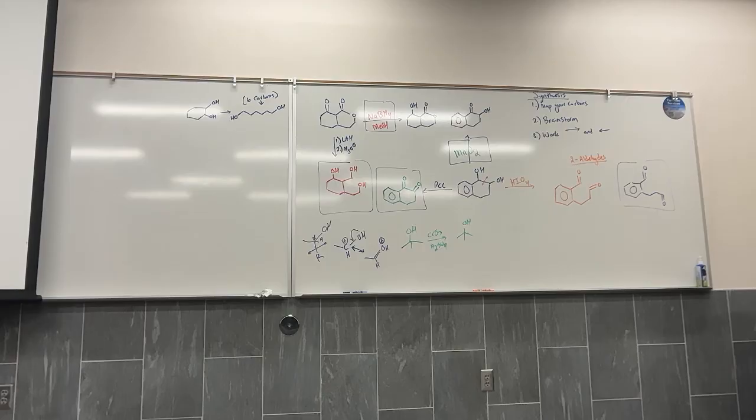First, second. Just like in lab last week, we added the Grignard, and then we came back and we added the hydrochloric acid. But we didn't add the hydrochloric acid with the Grignard. So think about what your carbon chain should be.